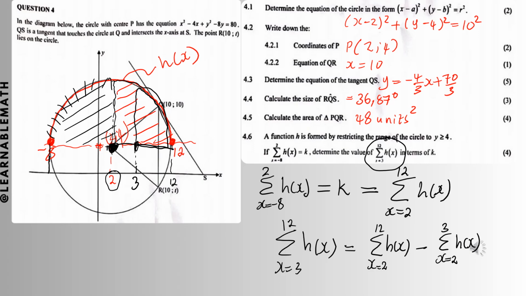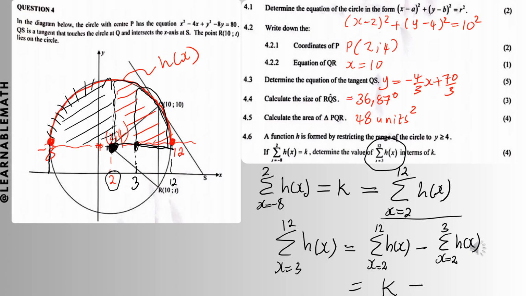That is it. And basically, we know that from 2 to 12 we already expressed it in terms of k, because the other half is equal to k, minus from 2 to 3. So from 2 to 3 is just that portion which is just 1 unit.